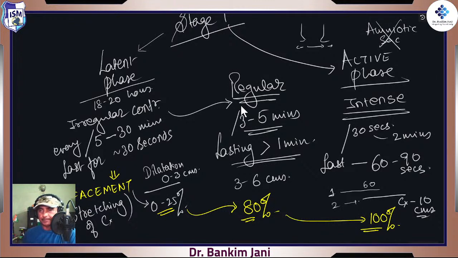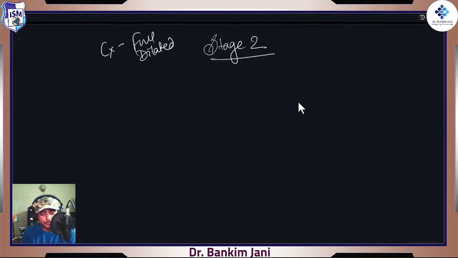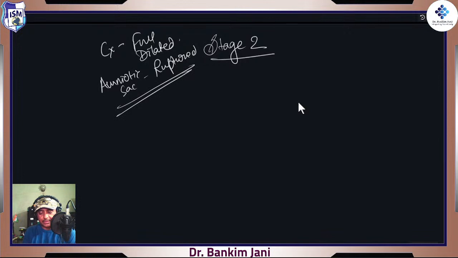It definitely ruptures in active phase. The moment it ruptures, we have entered into stage 2, right? So here the cervix is fully dilated. The amniotic sac has ruptured, right? So these are the characteristics of the beginning of stage 2.